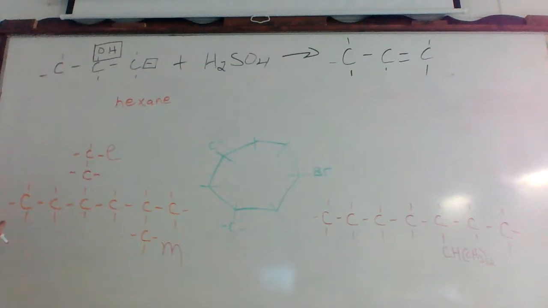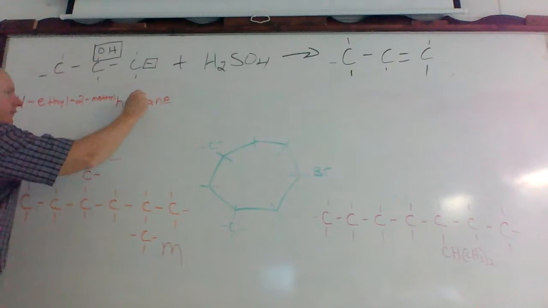So are we going left to right or right to left? Right to left. This ethyl group is on which carbon then? On the 4th one. So we've got 4-ethyl-. Okay, and that's it.